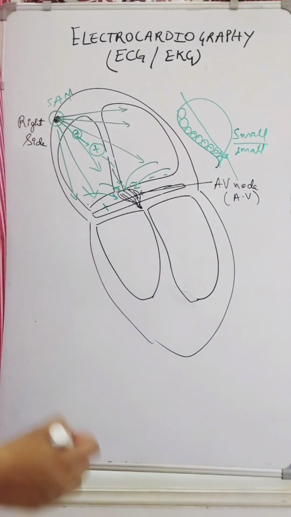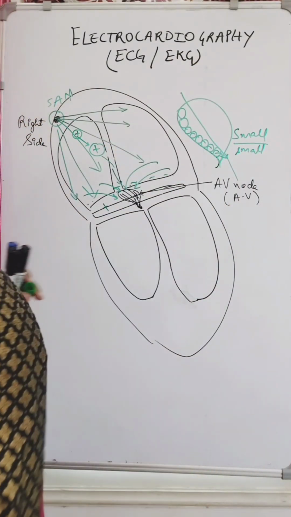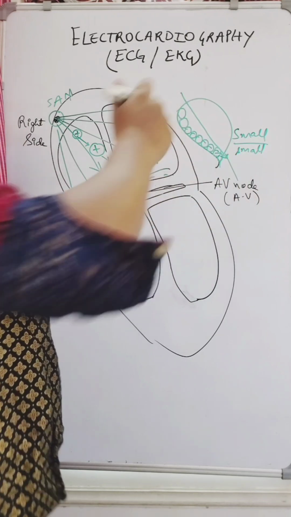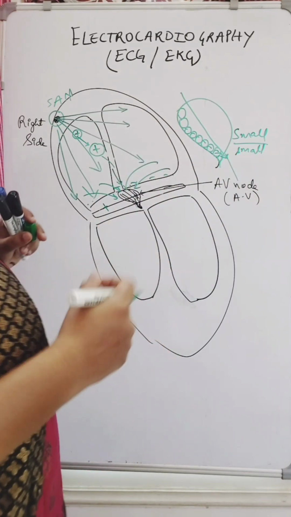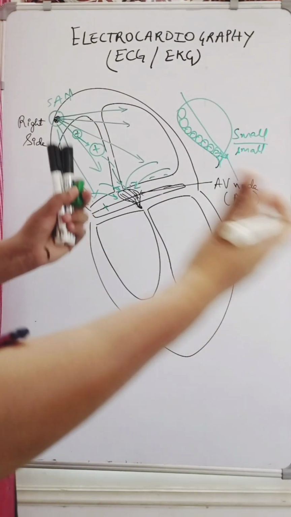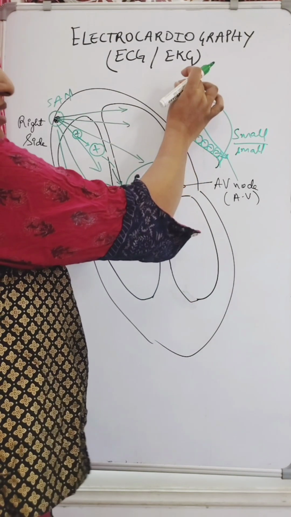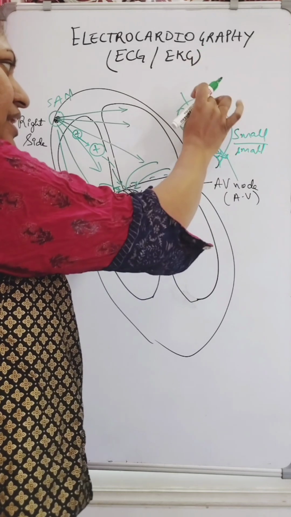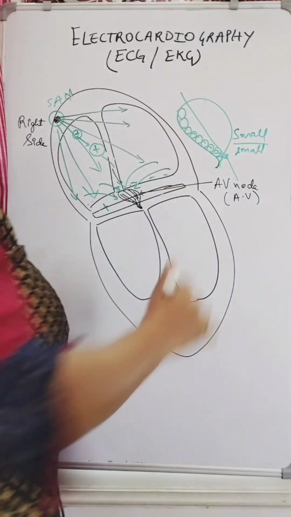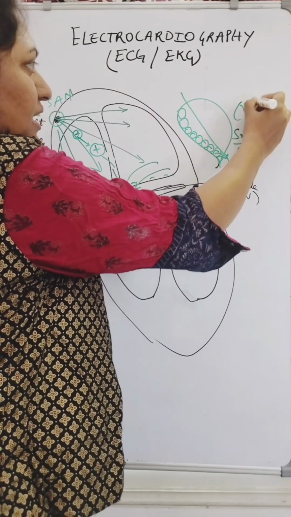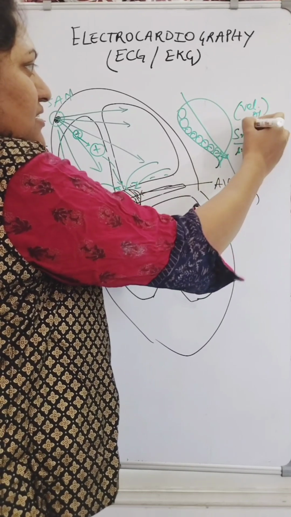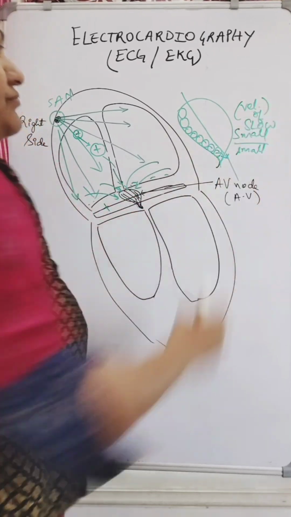You can say the word meager, meaning very small. You cannot identify and separately see it as a plot or as a peak on the ECG paper, because the flow of electric current is very, very slow. So you can say that the velocity of impulses is very slow.